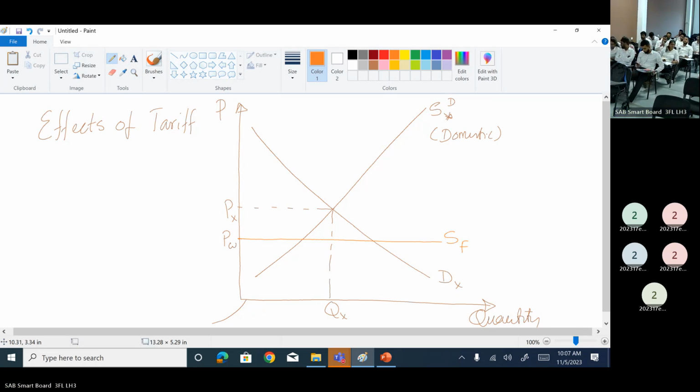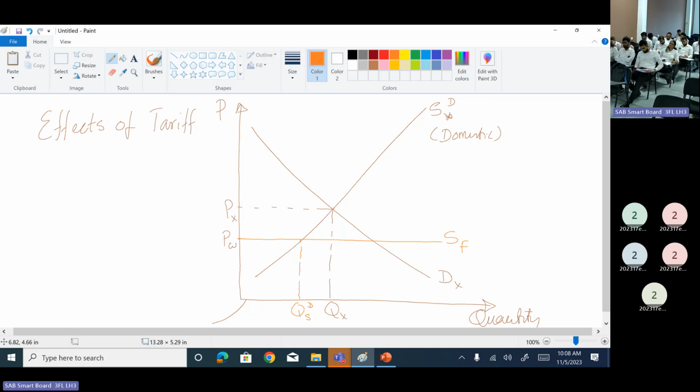Suppose we are importing this product at the PW price. What happens? The market price of this product is PX, and the domestic suppliers are willing to supply QX at this price. Now if we import, this is the domestic supply.